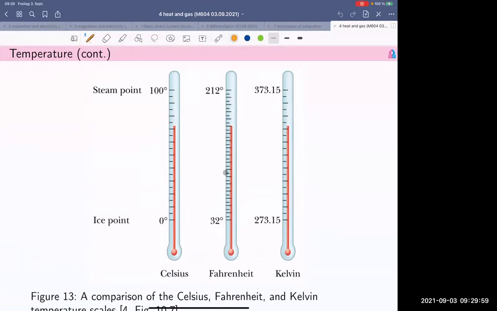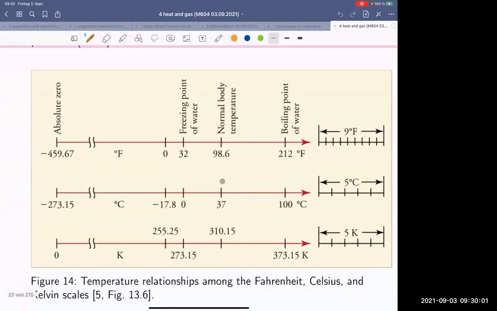The absolute zero, which is 0 Kelvin, is minus 273.15 Celsius, and on the Fahrenheit scale it is negative 459.67.